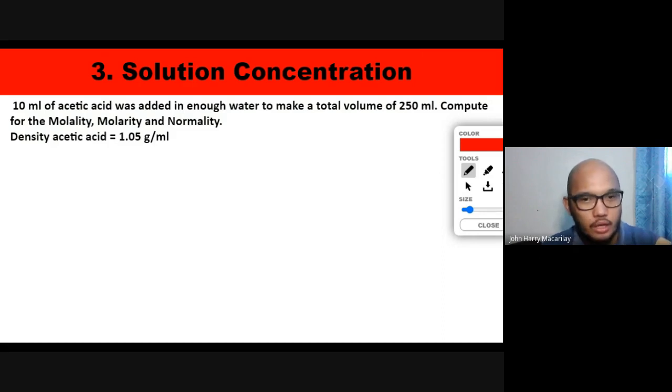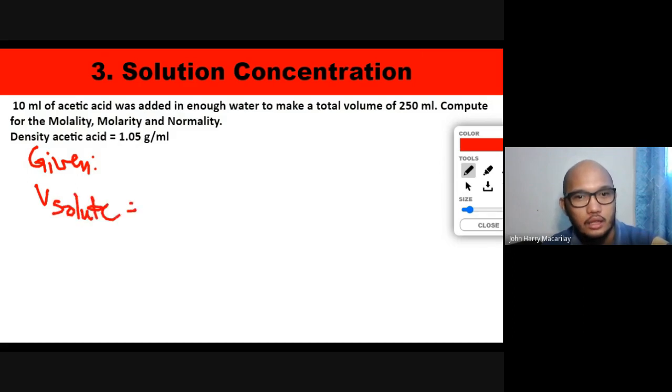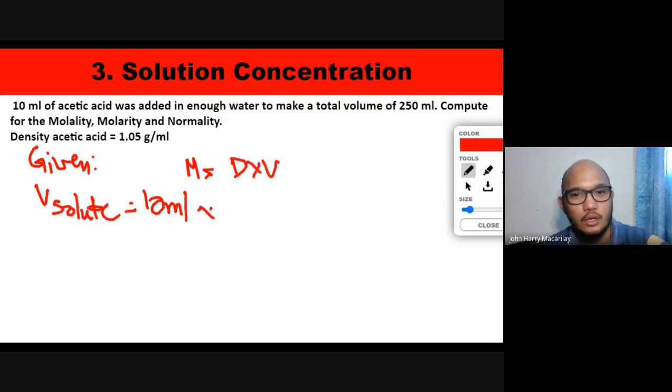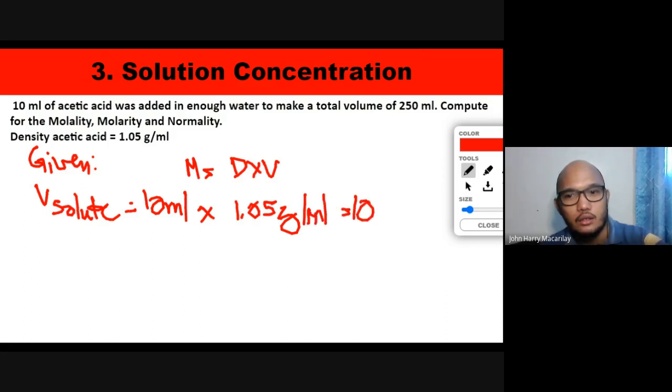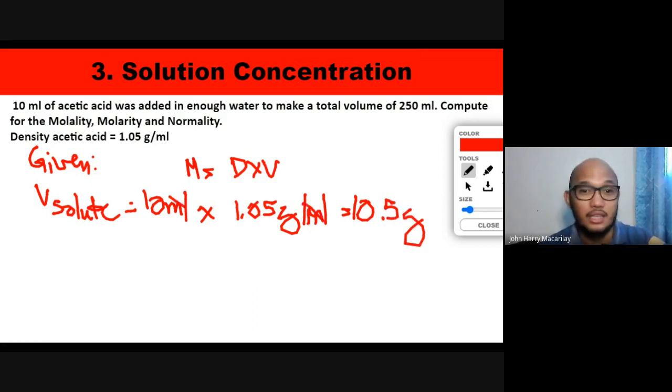So what are the givens? The volume of the solute is 10 mL. So we have to convert this to its weight in grams by using the density formula. Mass equals density times volume, so 10 times 1.05 grams per mL equals 10.5 grams. So cancel the unit of milliliters. What's left is 10.5 grams.